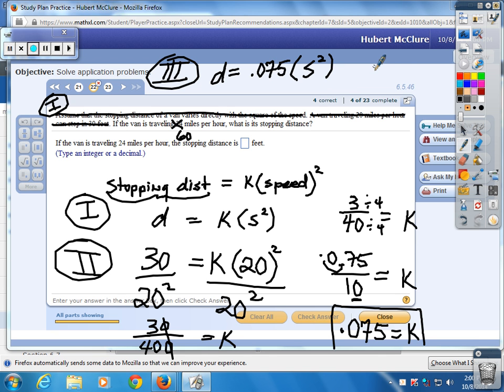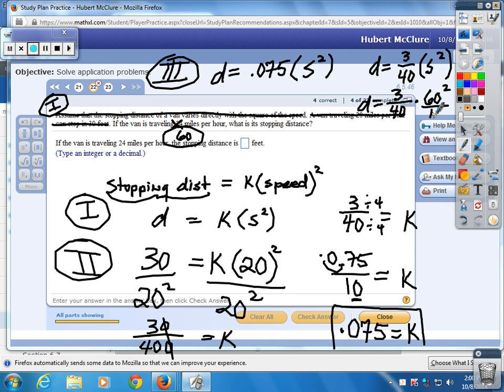So I'm going to rewrite it. D is equal to 3 over 40 times S squared. Now what do they give us for S squared? 60, because you're important. So I'm going to take 60 and put it over here. So D is equal to 3 over 40 times 60 squared, over 1.